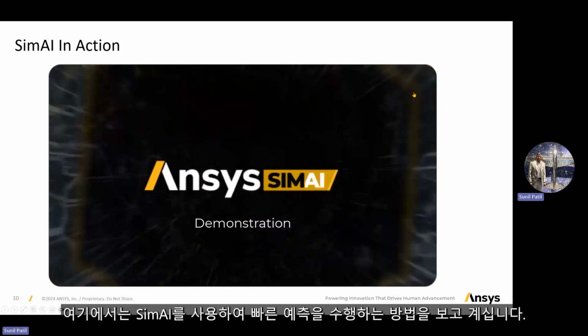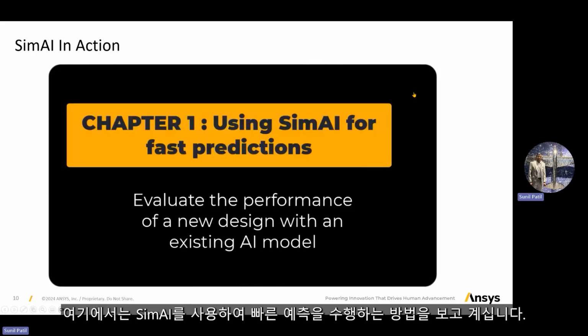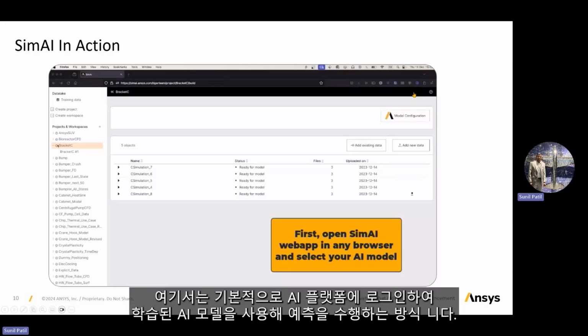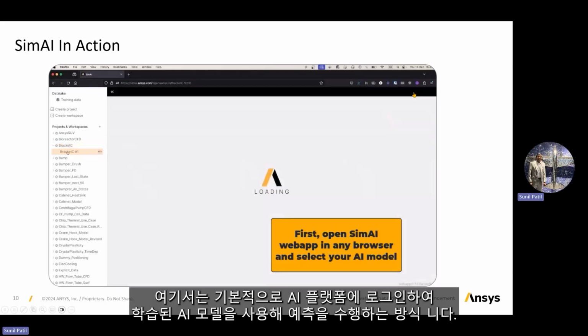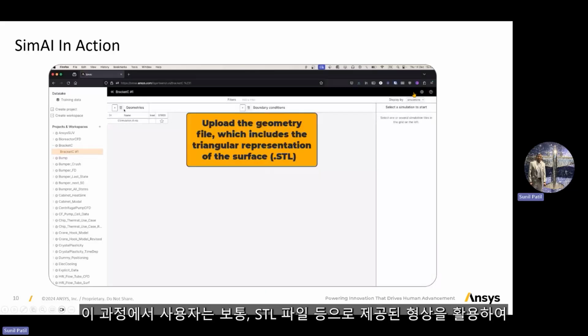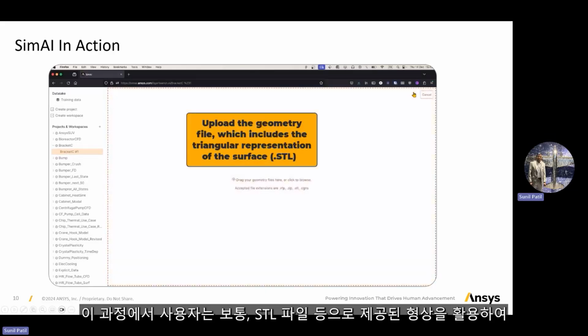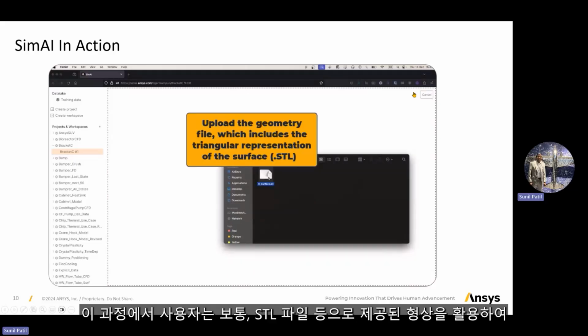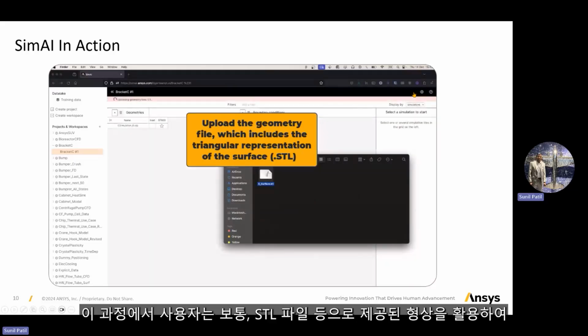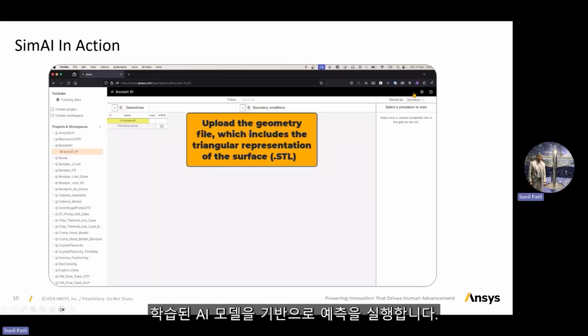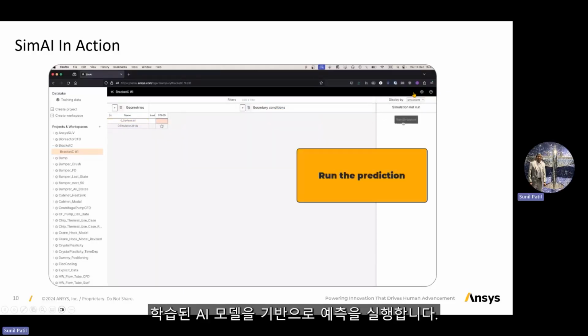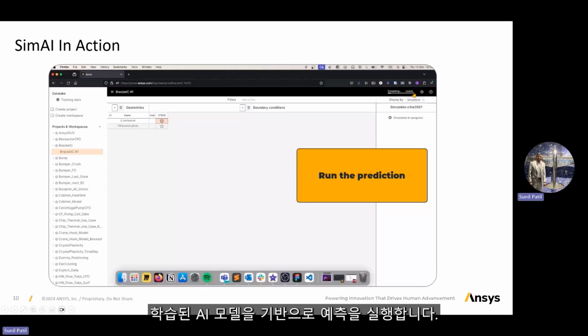And here you're looking at, first, how SimAI can be used for fast prediction. And it's basically you're logging into this platform, our AI platform, and you're using the trained AI models for predictions, and you're using your geometry, which is typically the triangular representation of surfaces like an STL file, and you're using that to run the prediction on a given AI model.